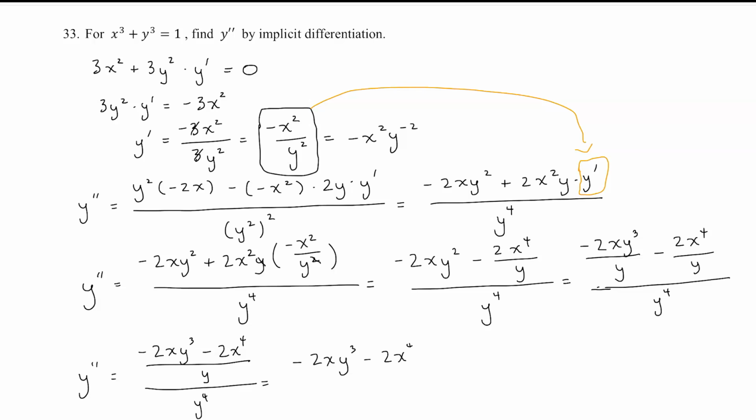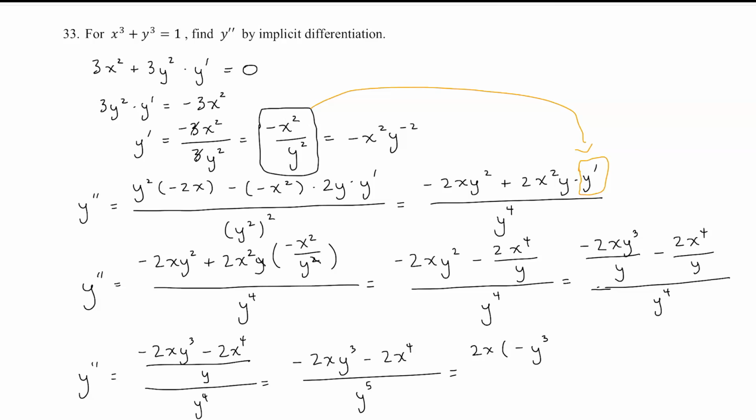Or I can think of the y in the numerator as coming down to combine with the y in the denominator to make a y to the fifth. Let's see, then I could factor a 2x out of the numerator, and you might be wondering why we are going to all this trouble. But I think you'll see in a minute, and I think you'll be pleased.